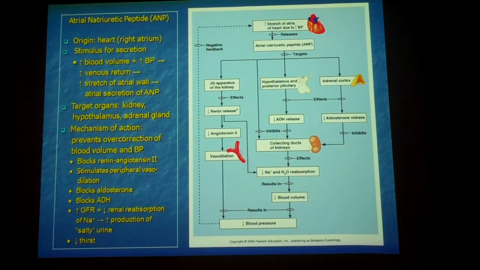Now, let's say that we had a situation where there was profound insult to the hemodynamics of the body: massive blood loss, drop in pressure, drop in circulating blood volume. What system is that going to trigger? Sympathetic. The renin-angiotensin system, right? And angiotensin 2, remember, is a potent vasoconstrictor by itself.